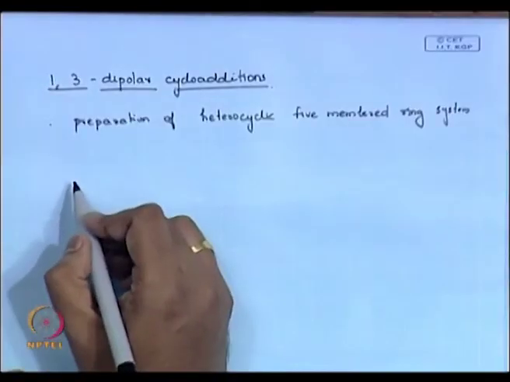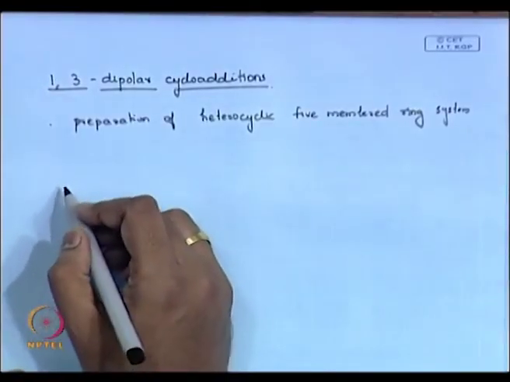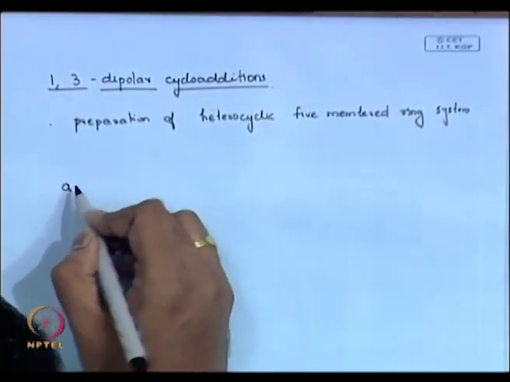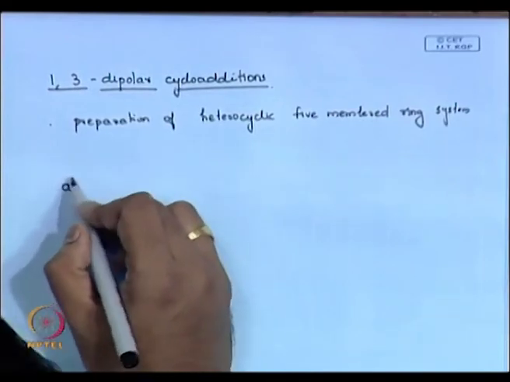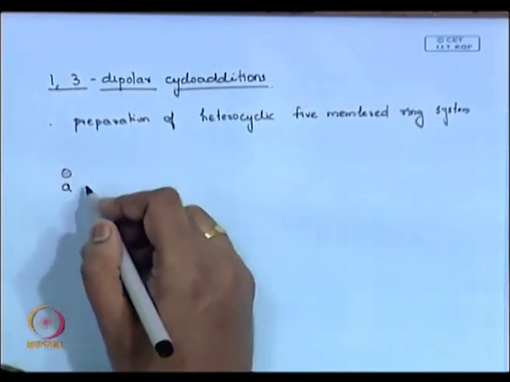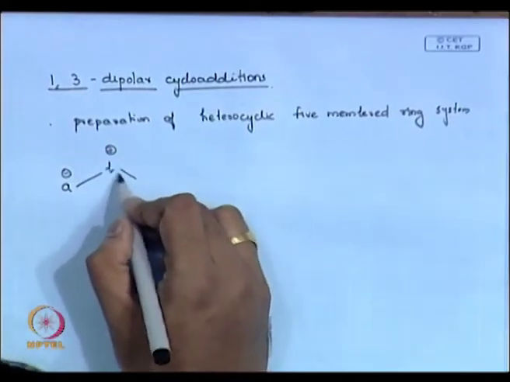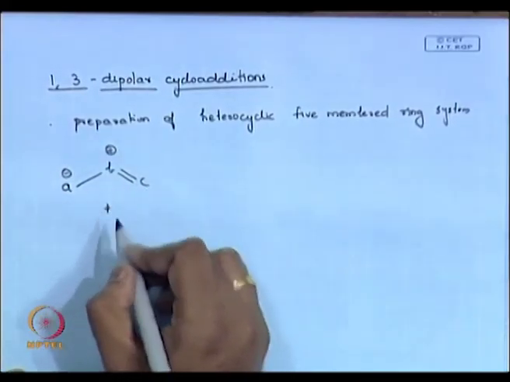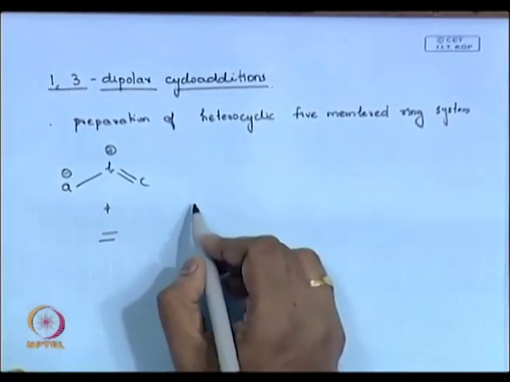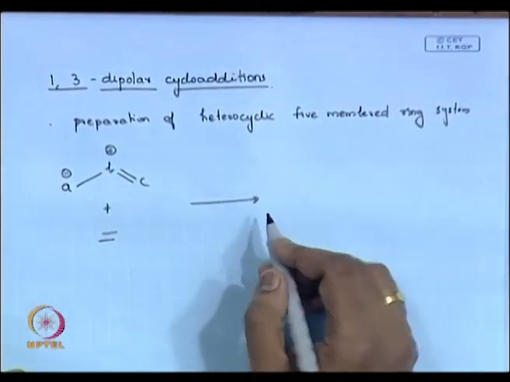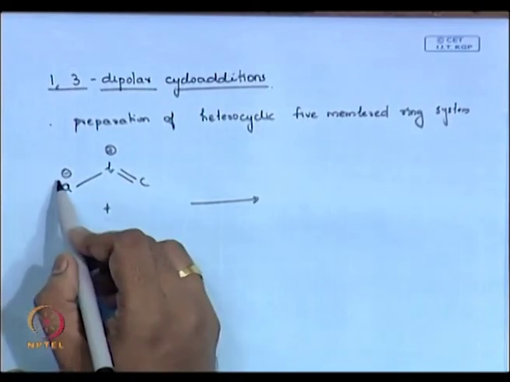Okay. If you see, the reactions are straightforward. You have a system like A, B, C minus, just make it a heterocyclic, plus I have an alkene, fine.